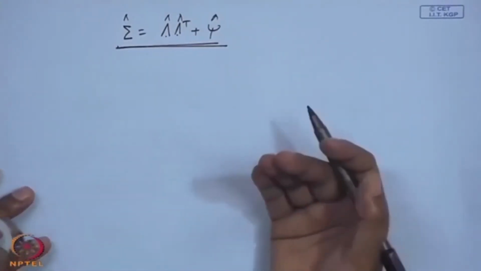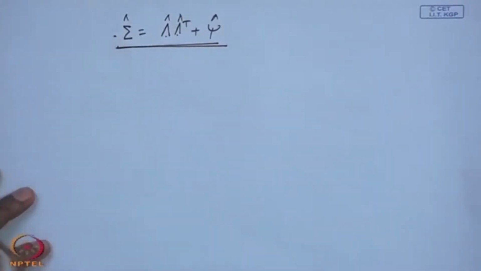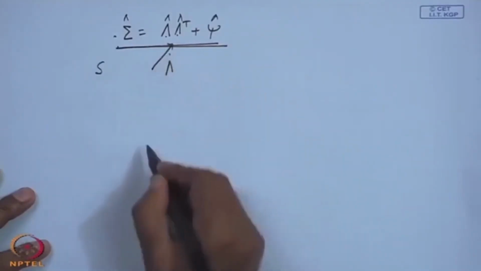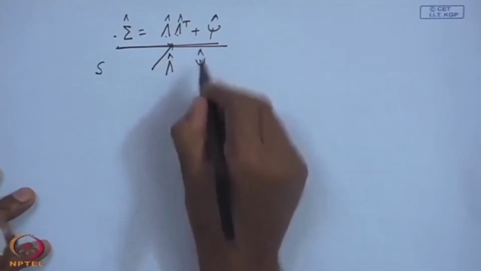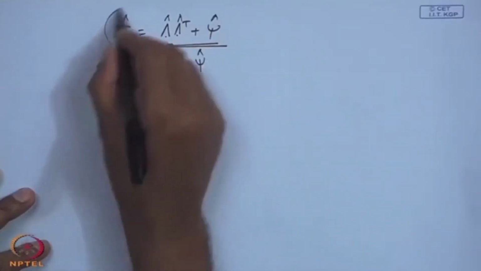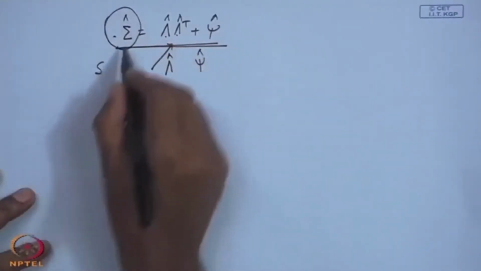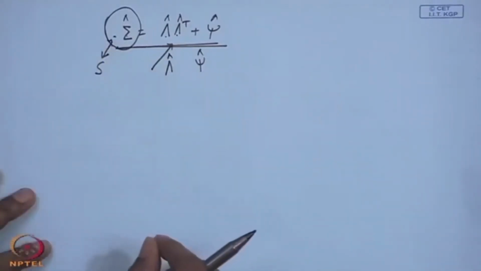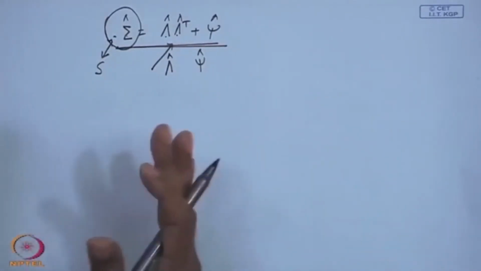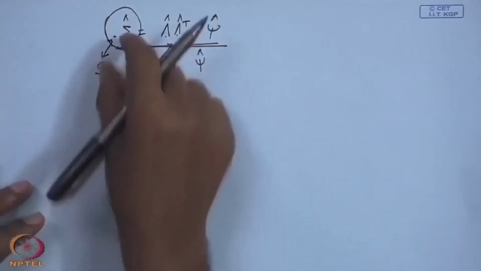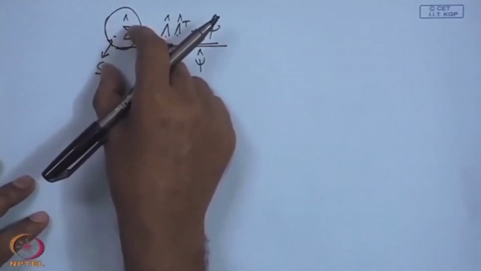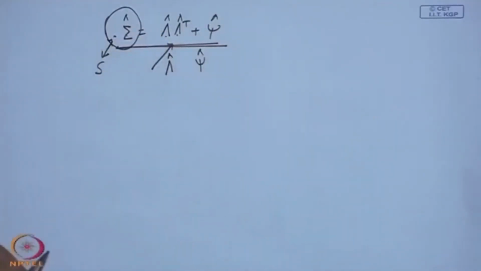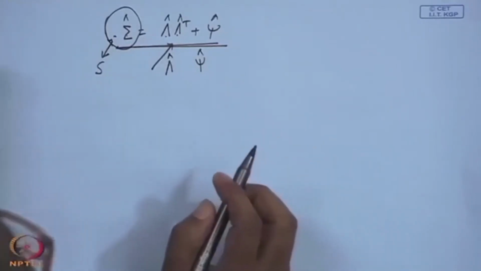We don't know this one, we know S only. So we initialize values for lambda cap and psi cap, and then we find out this value. Then we compare this value with S, individual elements of the matrices, and we find a situation where the difference between elements of these two matrices will be as small as possible within a certain threshold limit.